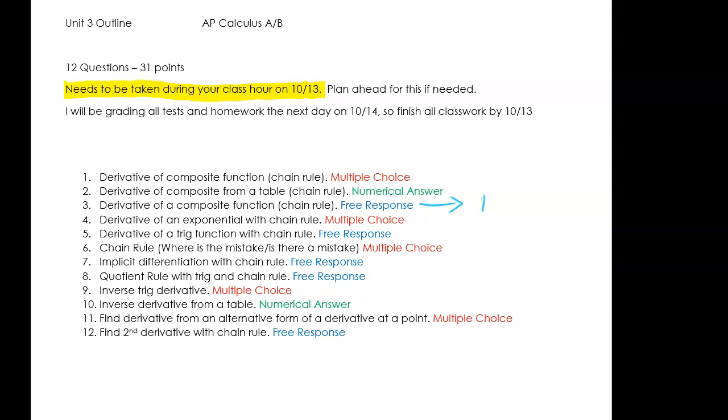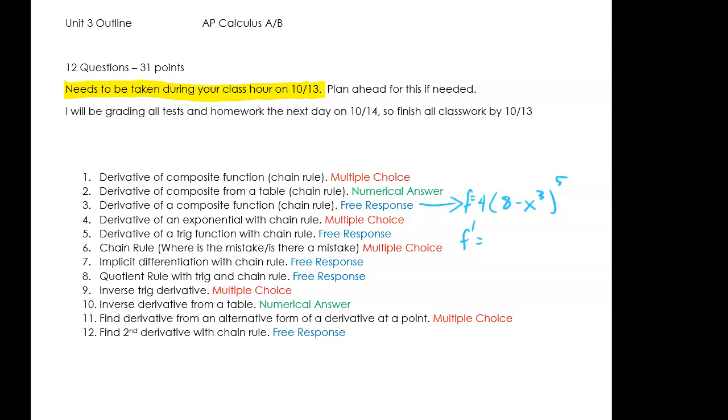Let's do 4 times 8 minus x cubed to the 5th power. We'll call that f. That's a terrible f, but we'll call that f.